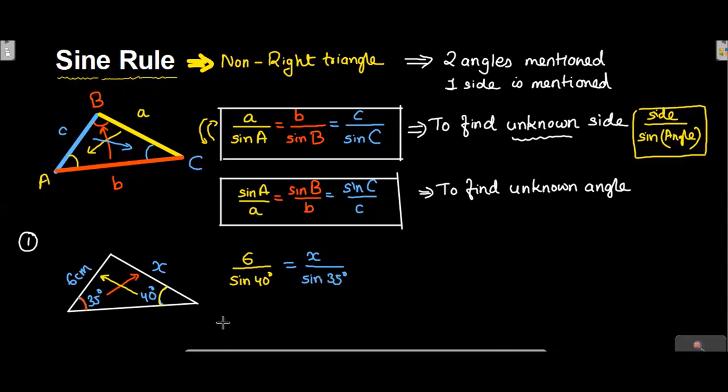If this step is clear to you, the next step is very easy. We just need to find the x value, so we have to get rid of this sine 35. It will go across to this side, like this: sine of 35 degree multiplied by 6 divided by sine of 40 degree equals x. You can use your scientific calculator.